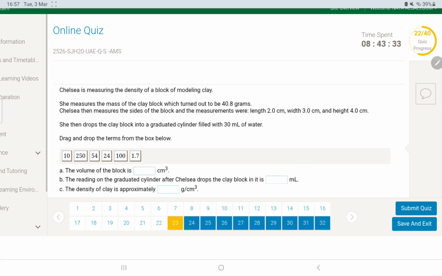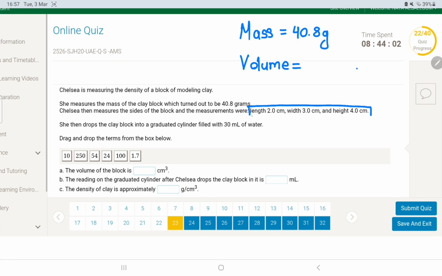So, let's write down all the information we have. She said that the mass is 40.8 grams. Now, its volume, do we know it yet? No, we don't. So let's see here. She then measures the sides of the block, and these were the measurements, okay?